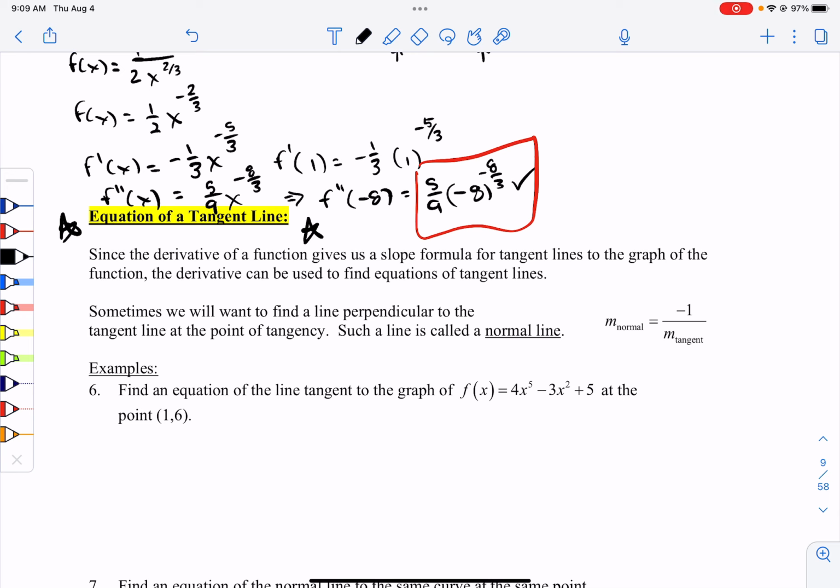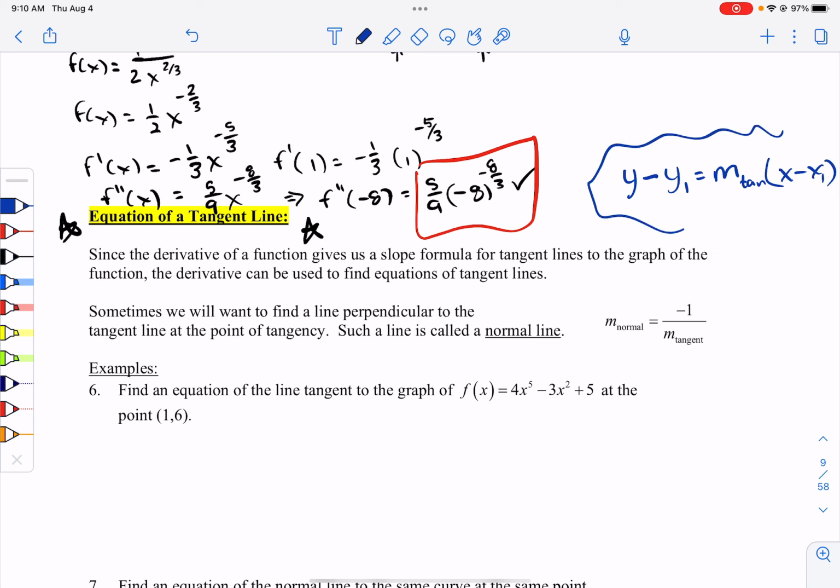All right, some of that might sound a little bit scary, but remember clear back in 9th grade, you learned how to write the equation of a line. And the formula that you're going to use, I don't know why it's not here in the notes. You probably need to add this to your notes. The formula is y minus y sub 1 equals the slope of my tangent line multiplied by x minus x1.